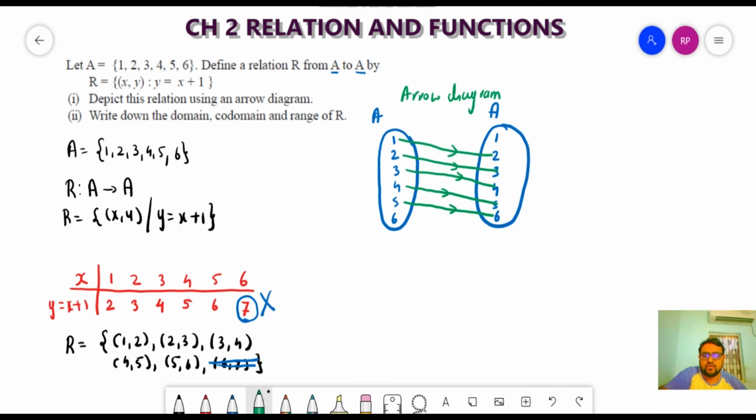Now I need to find out the domain, codomain and the range, right? So see, domain, which values can I take? Domain is 1, 2, 3, 4, 5. The 6 is not going to be in the relation, so that will not be in the domain. Here also you can see 1, 2, 3, 4 and 5. What is the codomain?